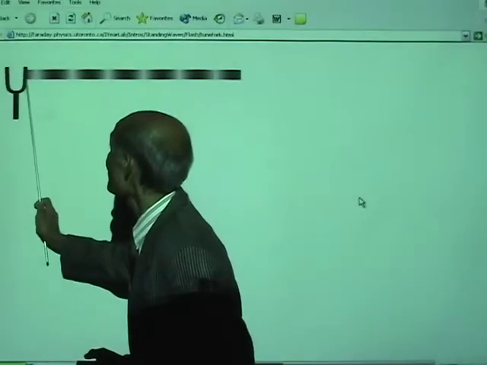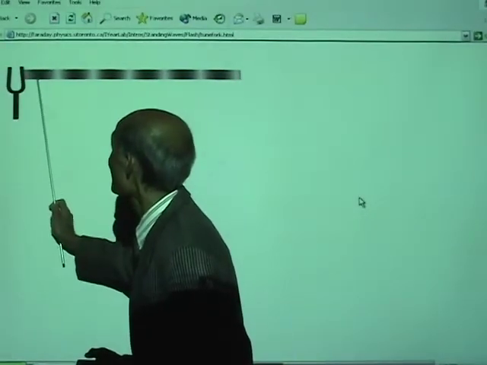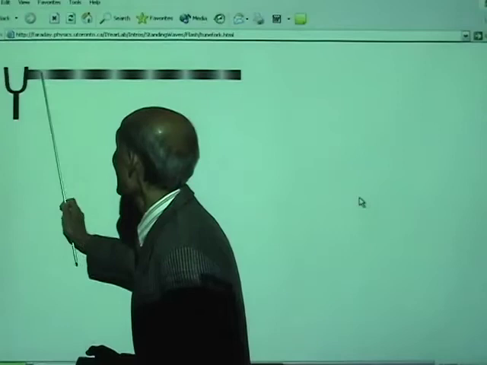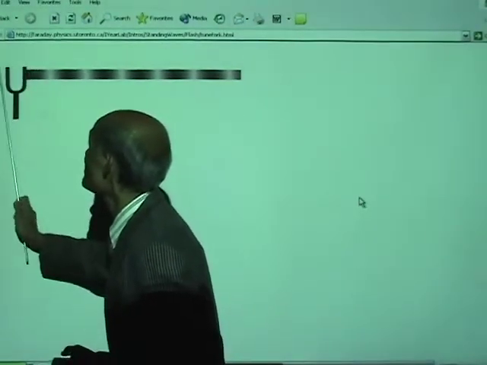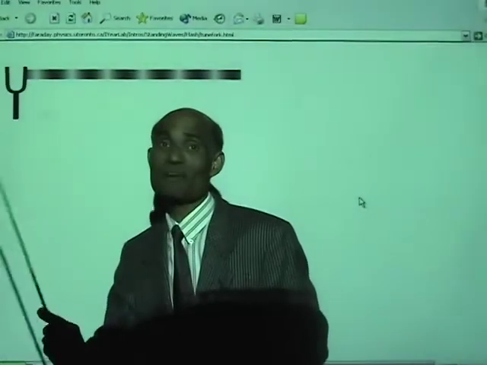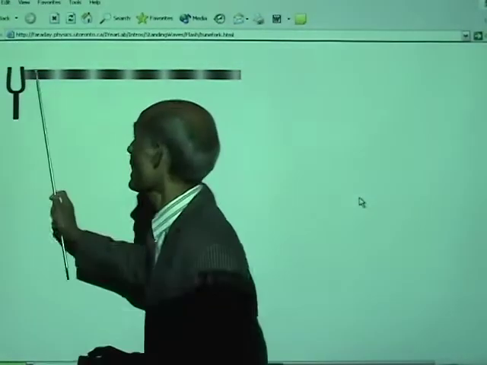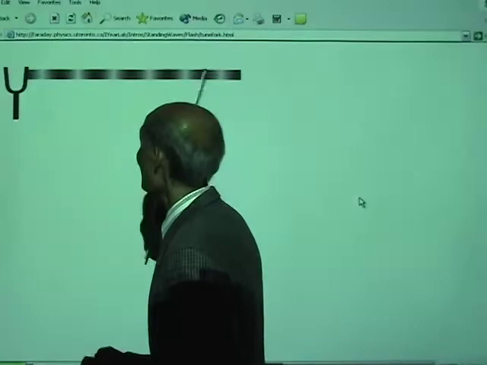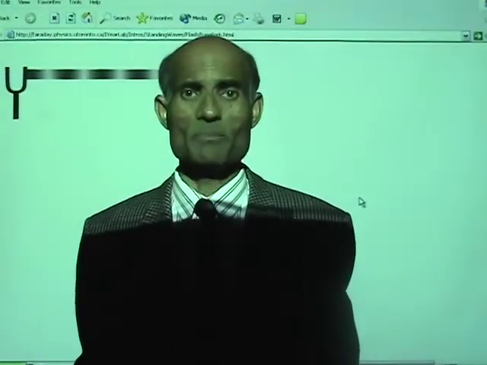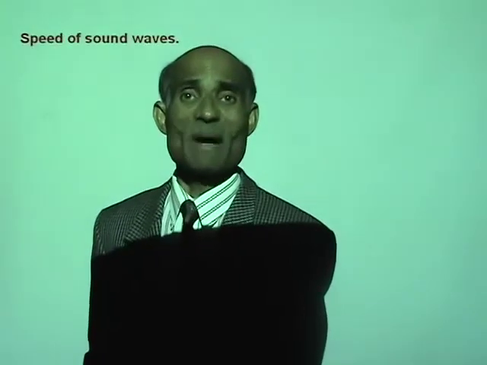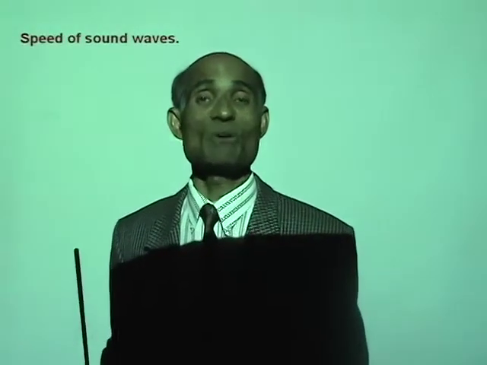It goes to the left, it creates a rarefaction. Compressions and rarefactions are created continuously as the object vibrates back and forth, and these compressions and rarefactions advance to the right. Is that right? Okay.